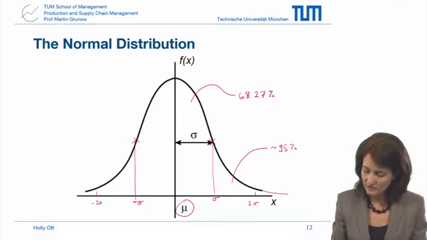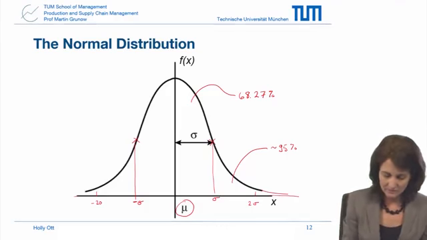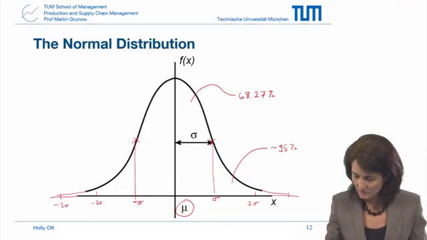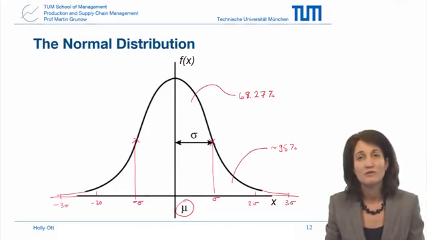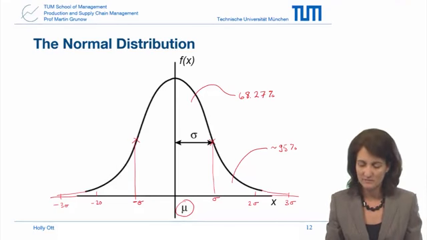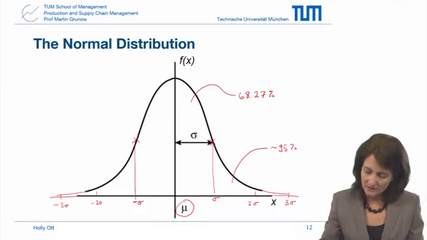Finally, if I extend my picture a little bit here, if we look at the distribution and we go out to plus or minus 3 standard deviations from the mean, in this entire area, I'm going to shade this in now.